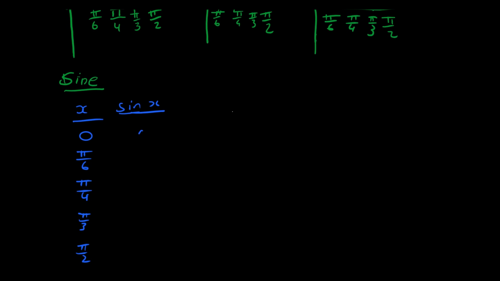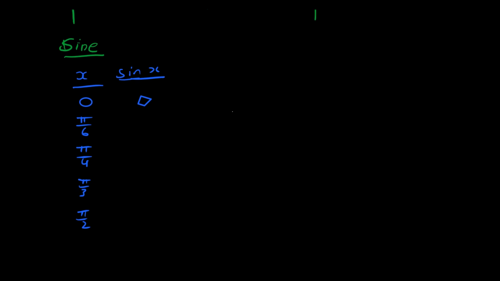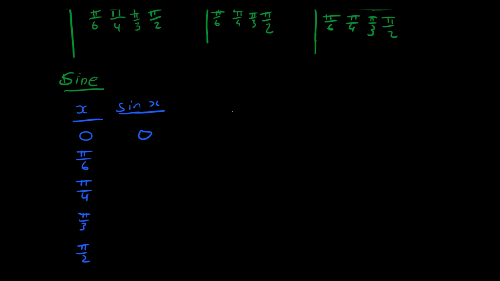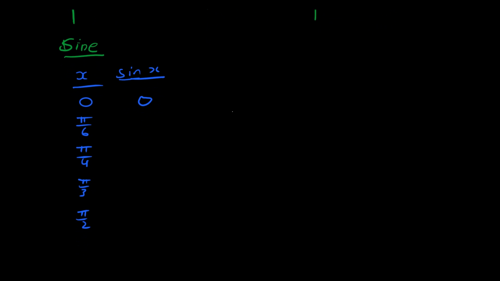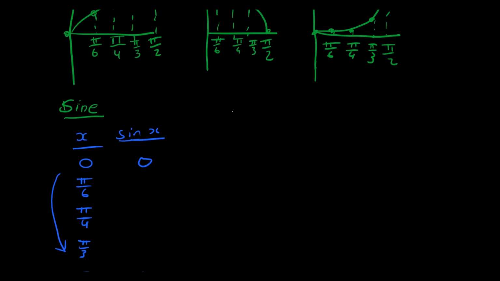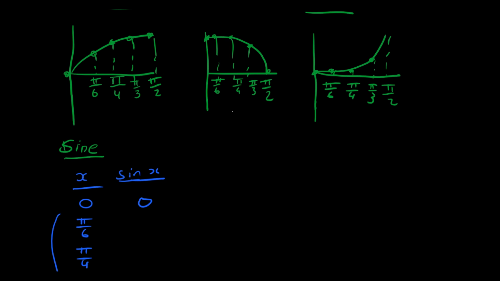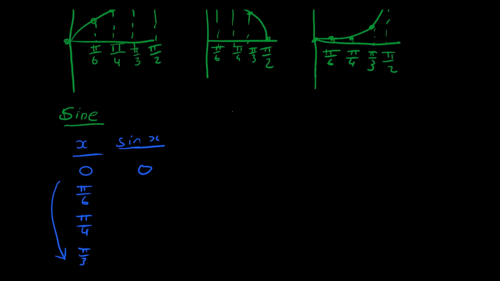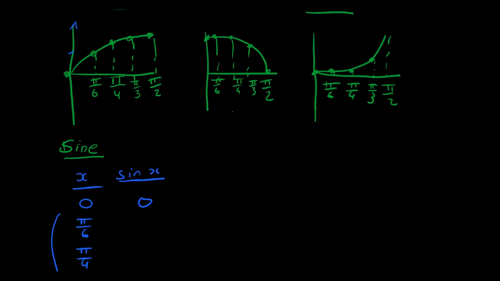Now, like I said earlier, sine of 0 is 0. Sine of pi by 2 is 1. And one thing that you'll notice is that it's increasing in value as you go down the axis. Right? It increases from 0 till 1.